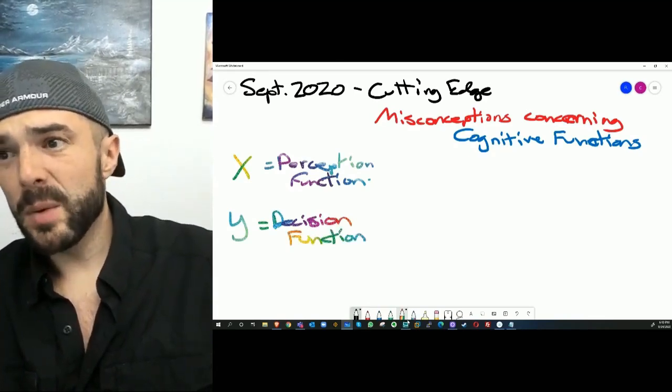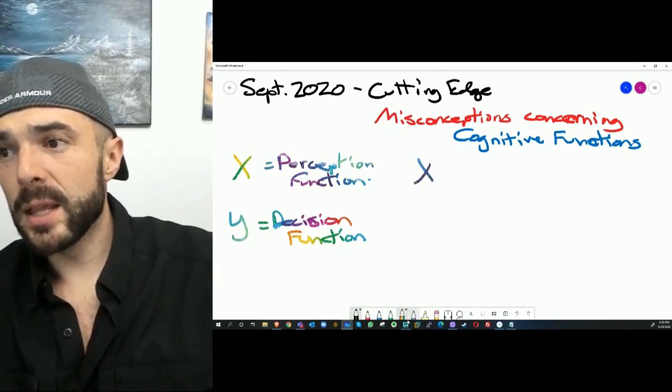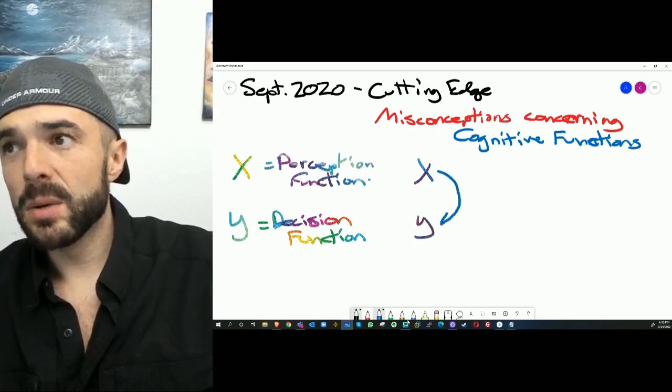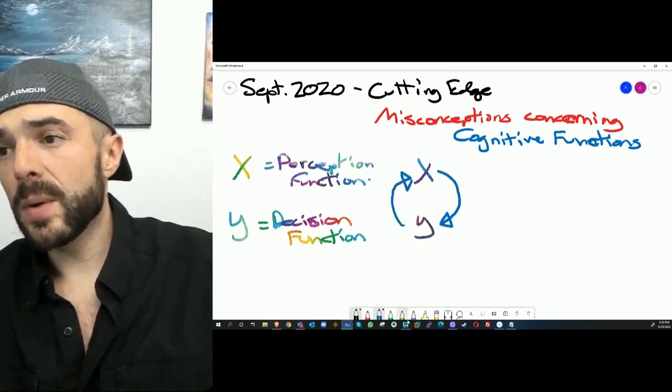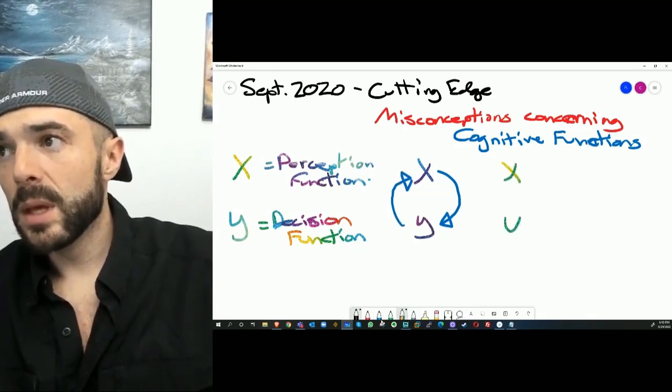Then you have X and Y in an axis with one another. But then you also have X, and you have Y as well.